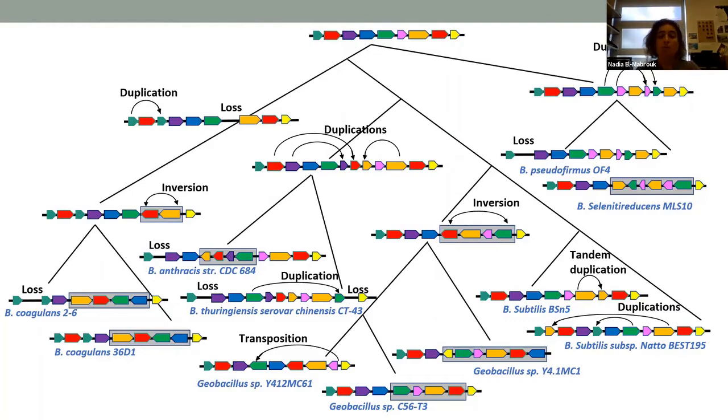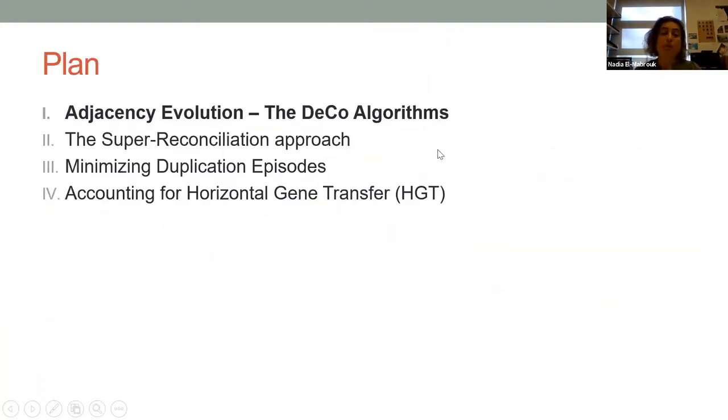I will not present the method we used to get these evolutionary scenarios, but I will present a few others that integrate both rearrangements of order constraint, gene order, and gene trees.